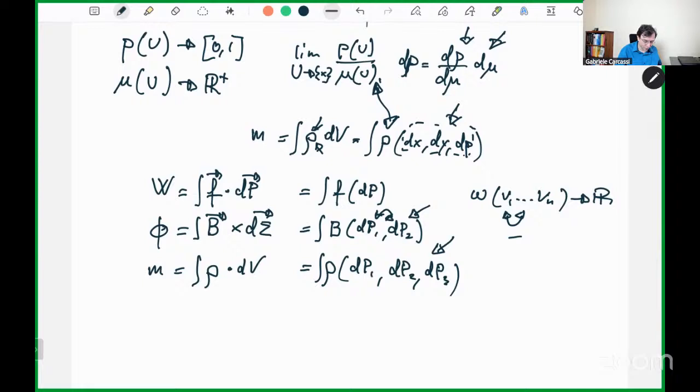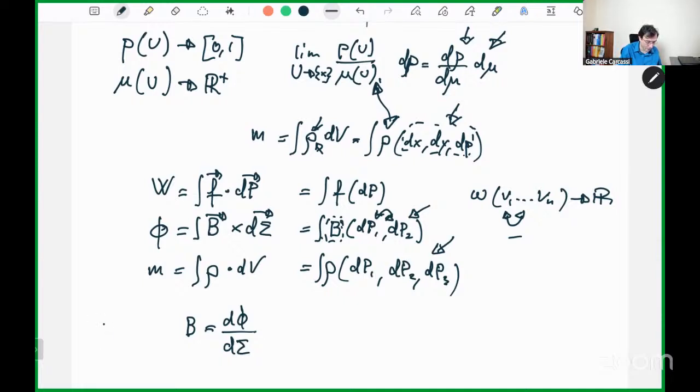And again, to me, now this B, the magnetic field, I can think of it as some kind of infinitesimal contribution to the flux over the infinitesimal areas in which I'm doing the flux.